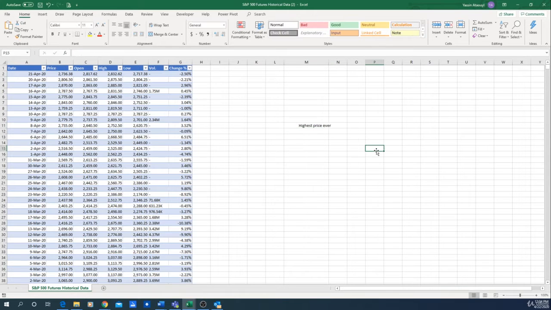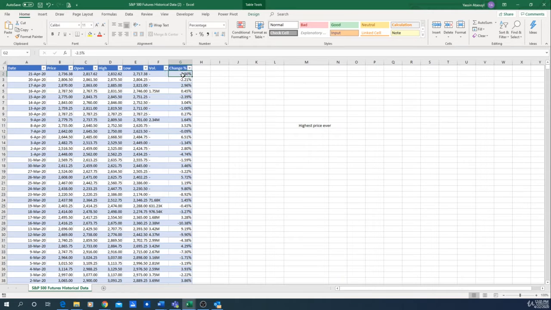It's very simple. When you have a stock price, the first thing you will look at is the price. So this is the closing price. You have the open price, so at the beginning of the day, that's the opening price. This is the closing price, so at the end of the day, this is the value of the stock. That's the highest price of the day. That's the lowest price of the day.